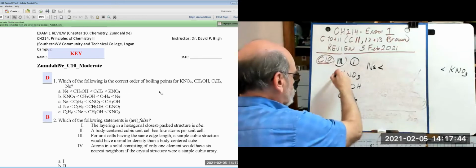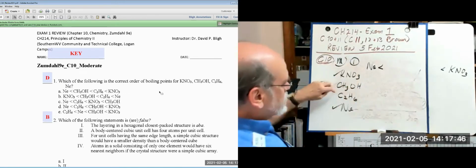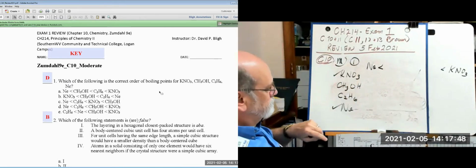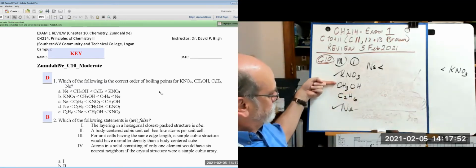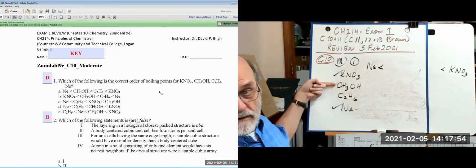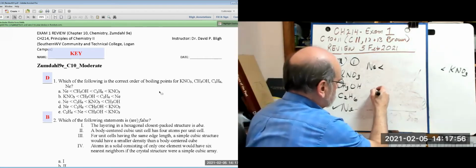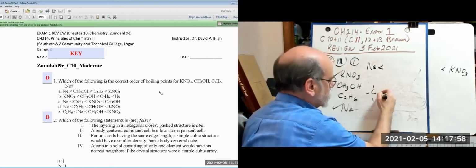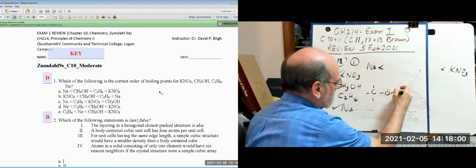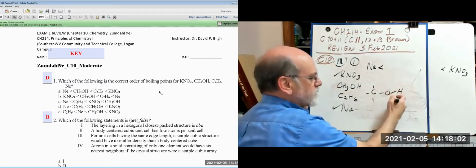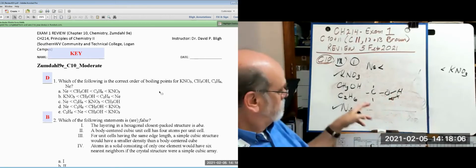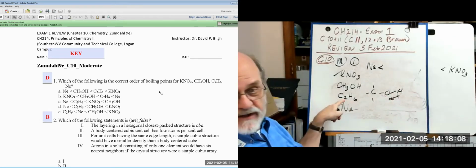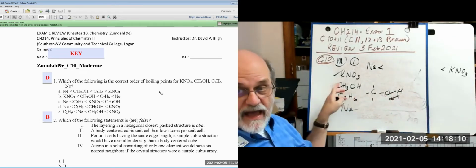Now we've got that one, and we got this one. We just need to put these in order. So what's the difference here? This is methanol. Those are hydrogens. It has an opportunity for hydrogen bonding. Whereas this is ethane, which is a gas actually.